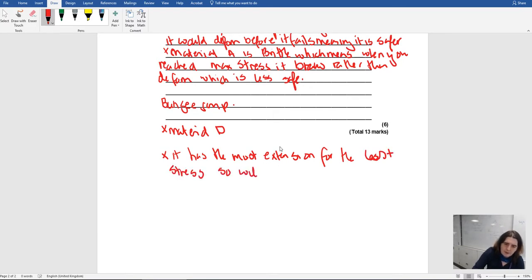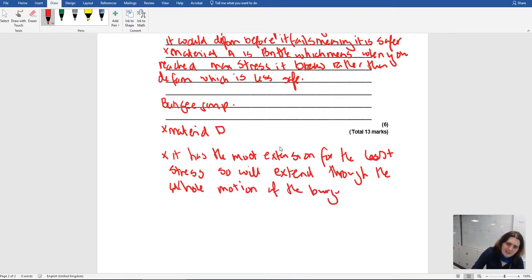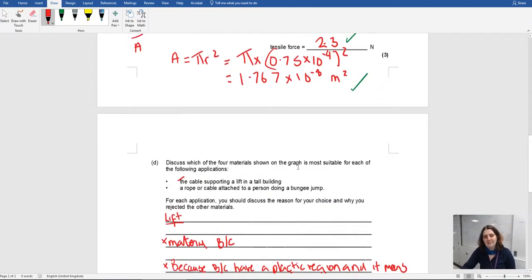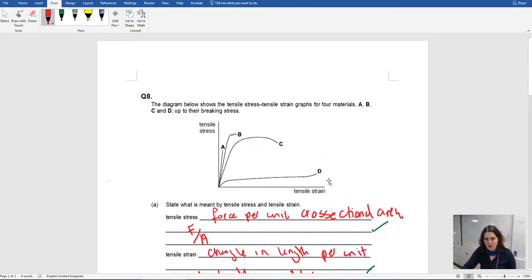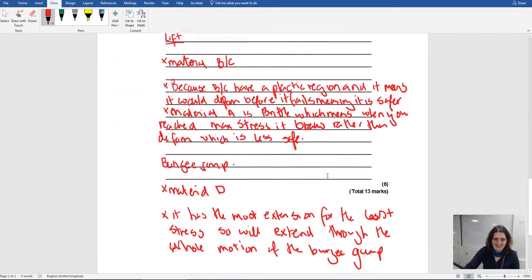So it will extend through the whole motion of the bungee jump here. So I'm mentioning the fact that it's going to stretch a lot, okay? It's going to have a lot of stretch before it breaks, okay?